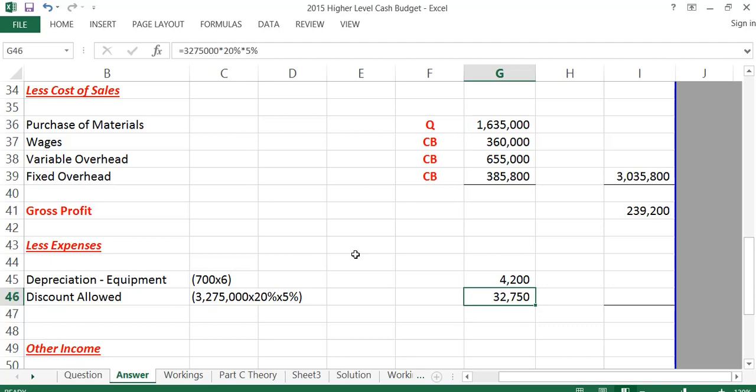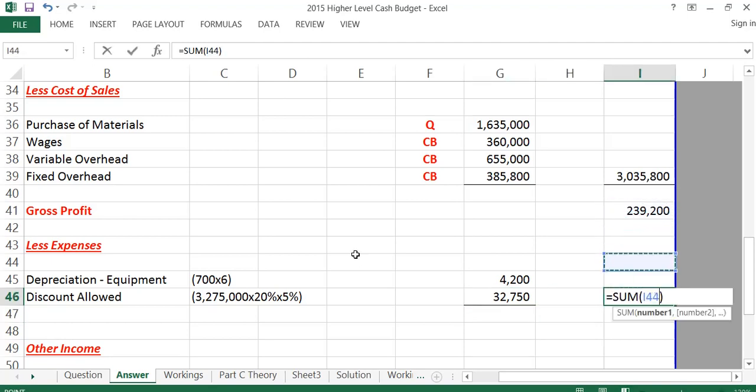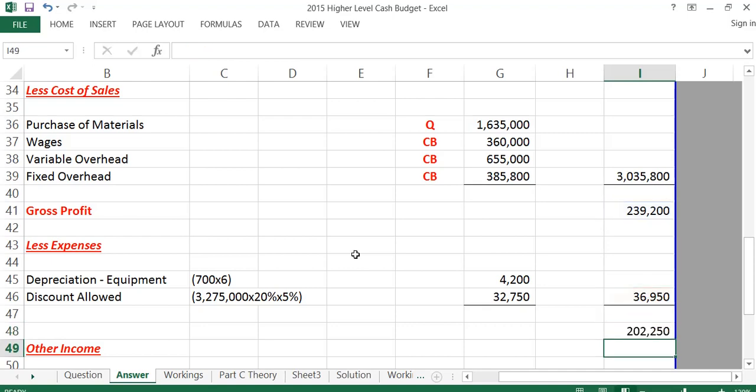So they come to 36,950, and my gross profit less my expenses will leave me with 202,250.